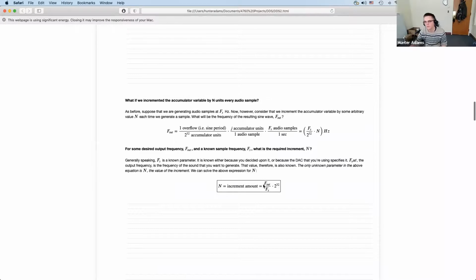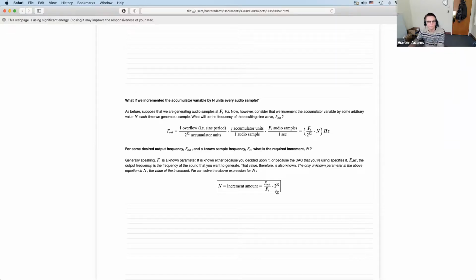Now there's a practical upper limit, because it takes a certain amount of cycles to actually get into an interrupt service routine and to get back out again. But you could make this whatever you'd like and you can still get whatever your desired output frequency. You just have to accommodate whatever your chosen audio sample rate is in this expression for the increment amount.